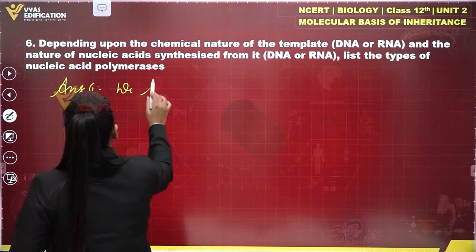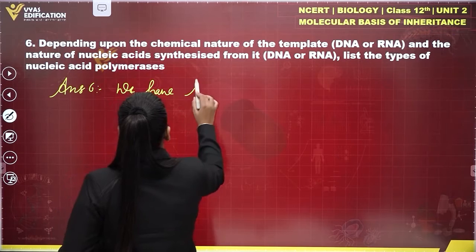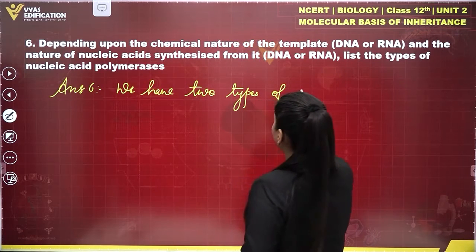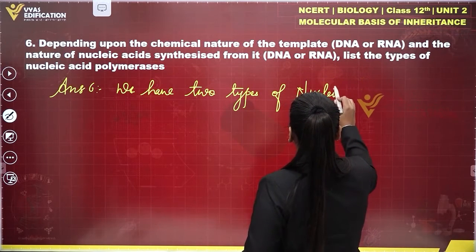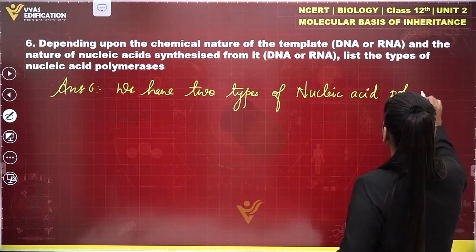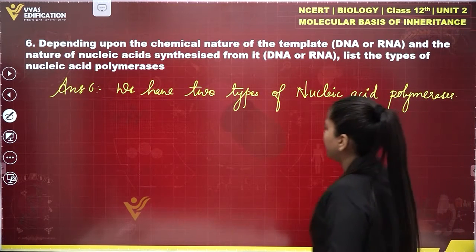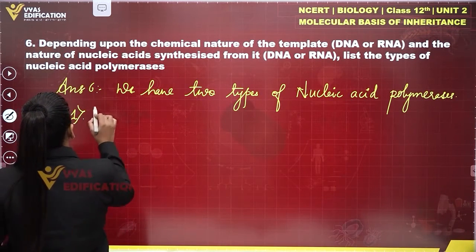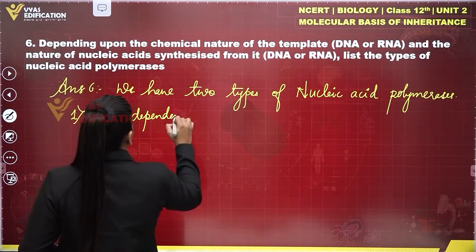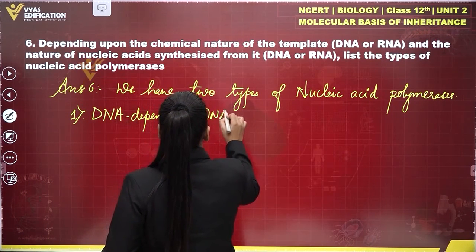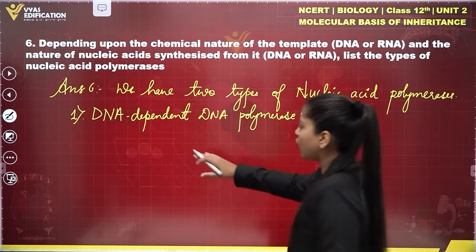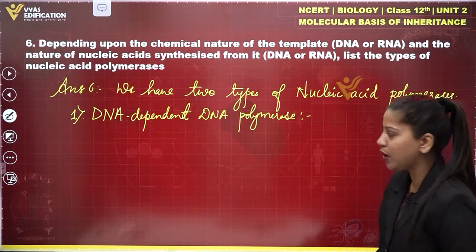We basically have two types of nucleic acid polymerases. What are these? First, DNA dependent DNA polymerase. These are enzymes.